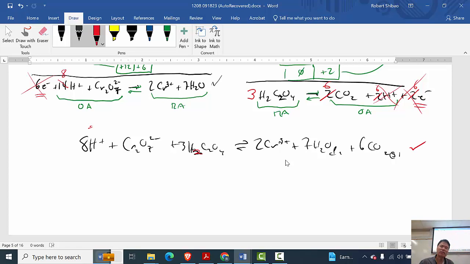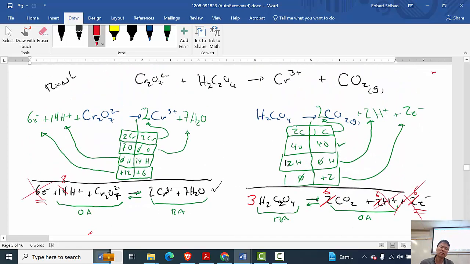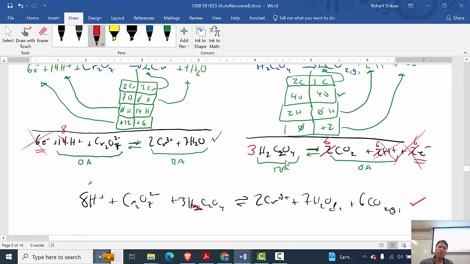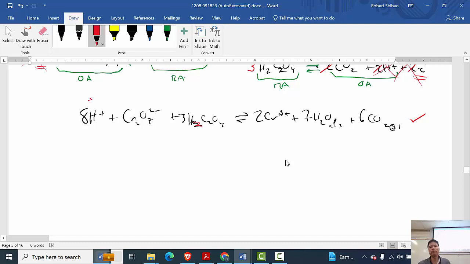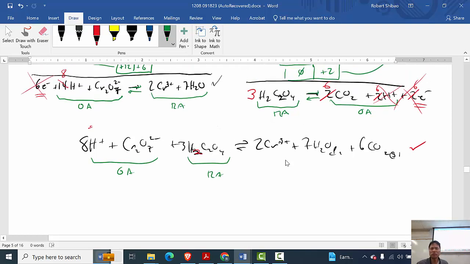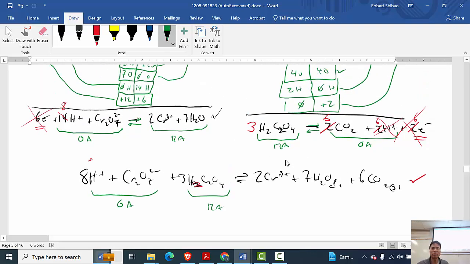Now, all skeleton redox reactions have a driving force. Otherwise, you can't write out the products without predicting them. And so the H+ and the dichromate, this is my oxidizing agent. This is my reducing agent in the forward direction. And then in the reverse direction, we have CO2 and we have chromium 3+ in water.